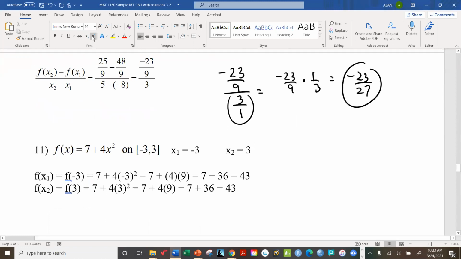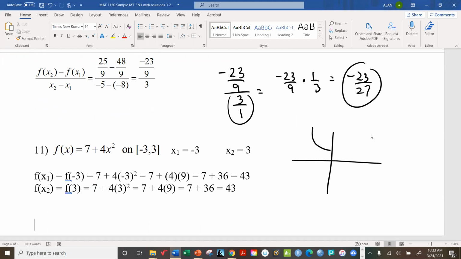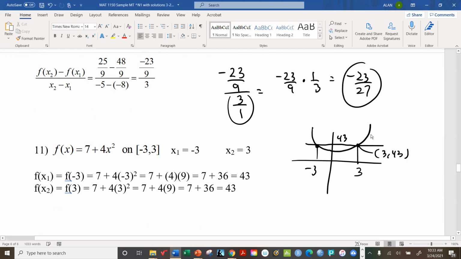So basically what happened was you have the value at two different points, and they're both the same. This is the point 3 comma 43. This is the point -3 comma 43.